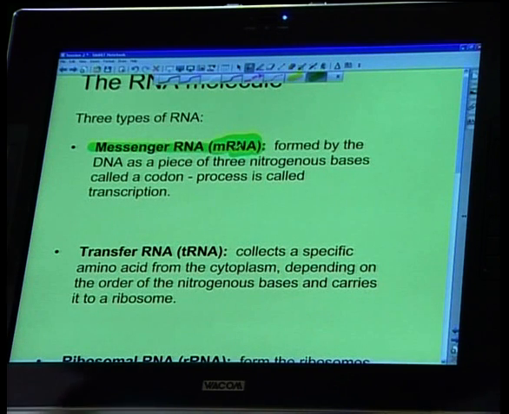When the bond forms between the two chains of nucleotides to form DNA, it forms the hydrogen bond and loses an oxygen from the sugar. So it becomes deoxyribose sugar. So DNA is deoxyribose nucleic acid, and RNA is ribose nucleic acid.